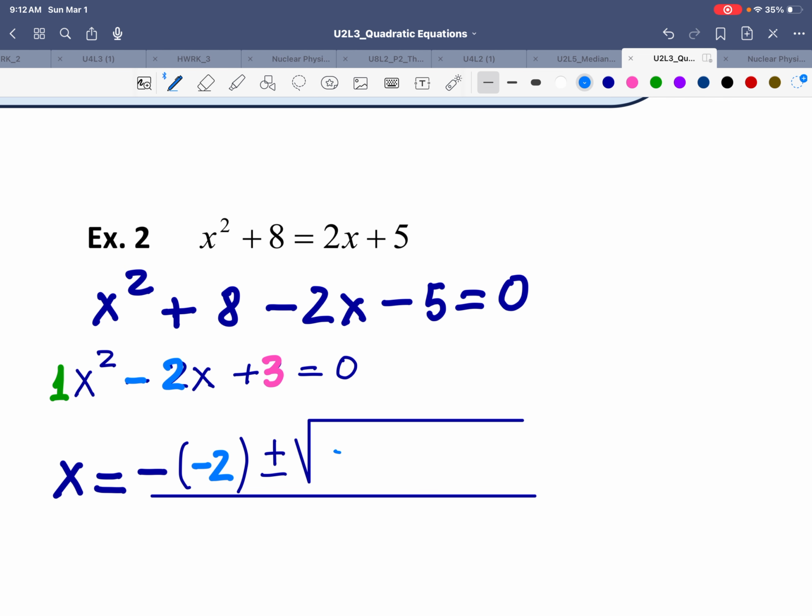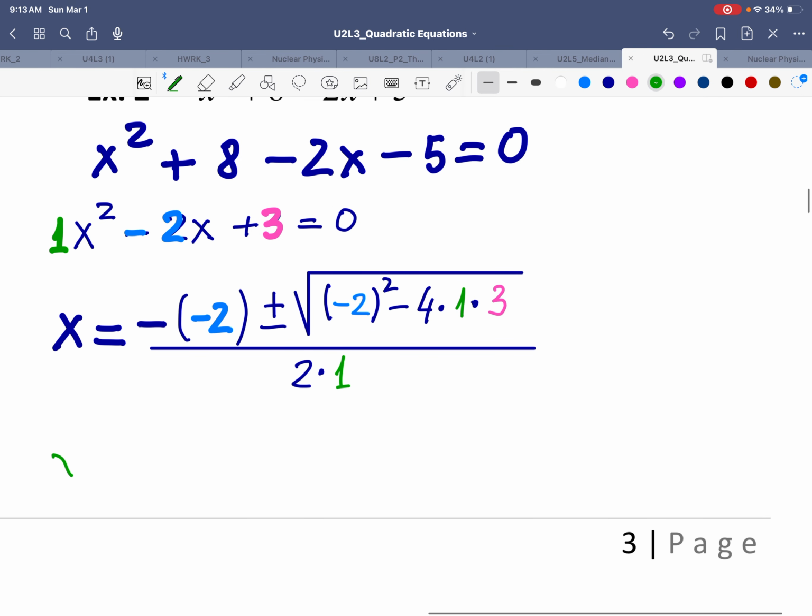So we'll have negative 2 raised to the power of 2, minus 4 multiplying A, which is 1, and then this will multiply C, which is positive 3. And this will be over 2 times A, which is 2 times 1.